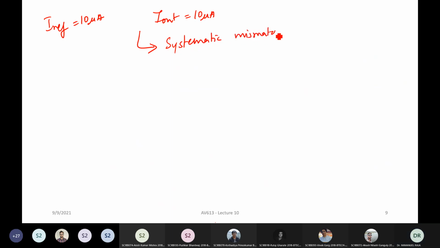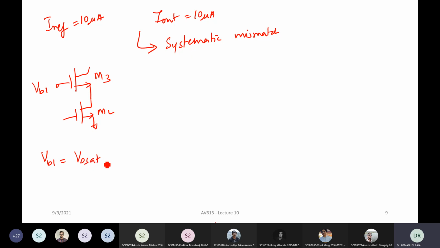Right? That is to say, what I'm trying to say here is this VB, let me call it VB1, is a different way of biasing, right? Let's say this is the M3 and M2, and I'm going to take VB1 in such a way that it is going to be VD sat of M2 plus VGS3. Okay, that is, I'm just going to put it at the edge of saturation.